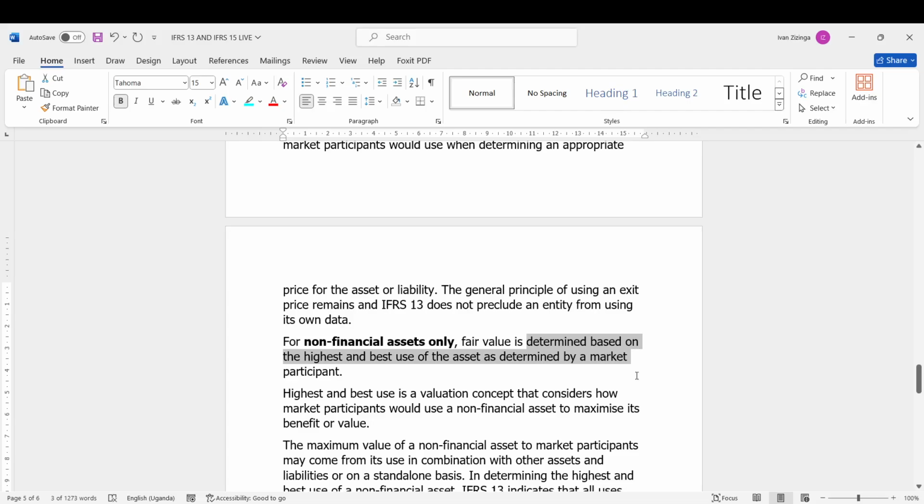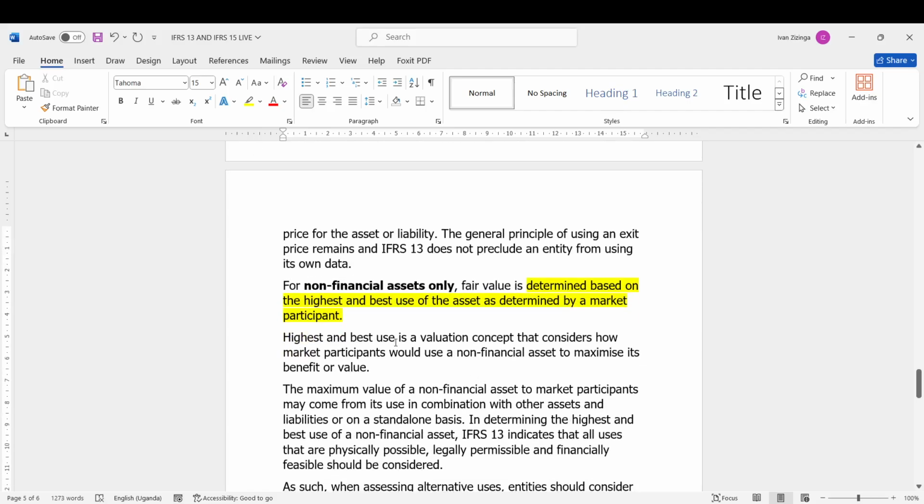And this is always determined by the market participants. And when it comes to highest and best use, we are trying to assess how the market participants are going to use the asset to maximize the benefit of that asset.